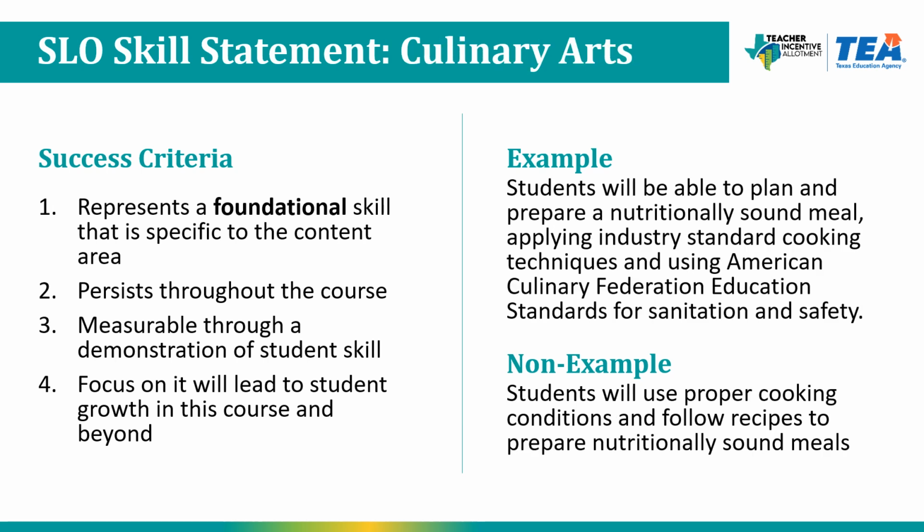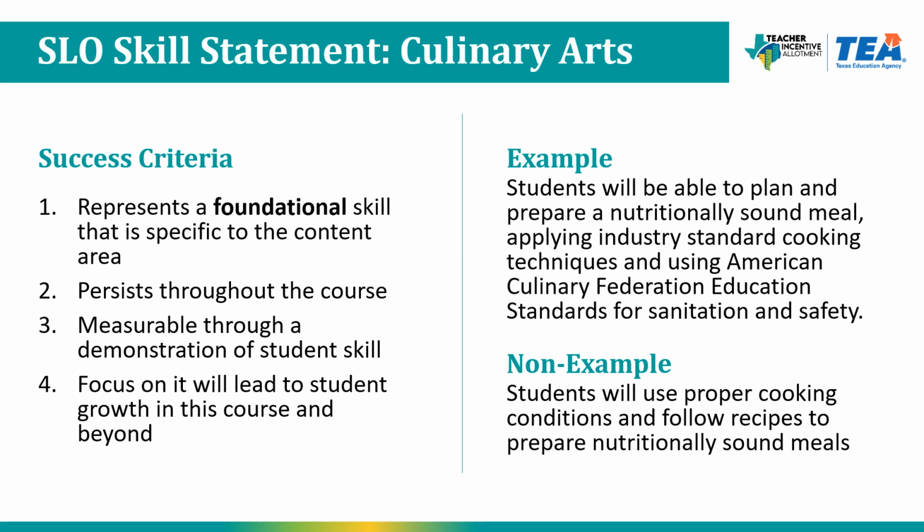Here's one more example for a culinary arts course. Students will be able to plan and prepare a nutritionally sound meal, applying industry standard cooking techniques using American Culinary Federation education standards for sanitation and safety. The non-example would be: students will use proper cooking conditions to follow recipes and prepare nutritionally sound meals.